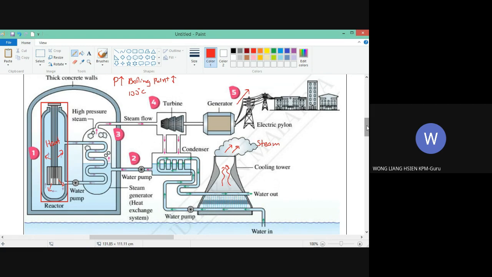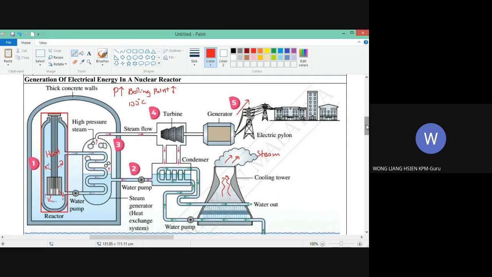This is just revision of what you already learned in Form 3. Okay, so what we want to concentrate on here is how the nuclear reactor works.